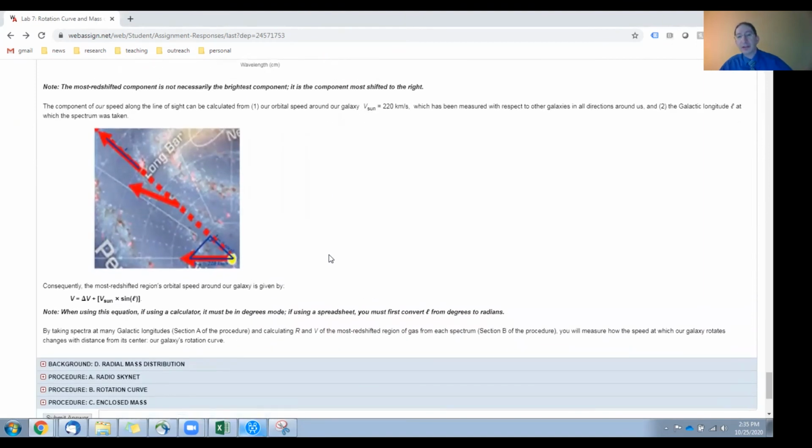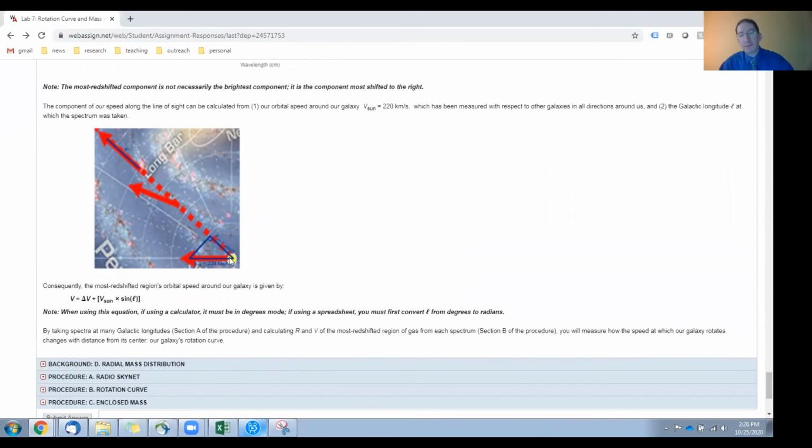To that, you then have to add our motion along this line of sight. To calculate that, you begin with our motion around the center of the galaxy. We're traveling at about 220 kilometers per second. And this has been measured with respect to other galaxies in all directions around us.